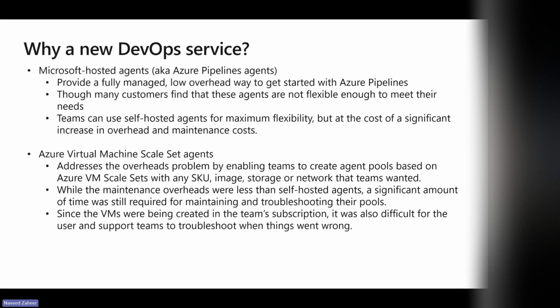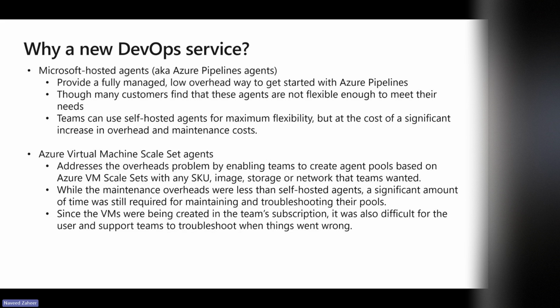Some of the limitations are that you cannot pick the SKU. If you want a larger SKU, or if you want to connect those to your virtual networks, that is not available. Of course, you can do a self-hosted agent. That does the job, but then you have to run it and maintain and manage the infrastructure and all that. That's another thing.